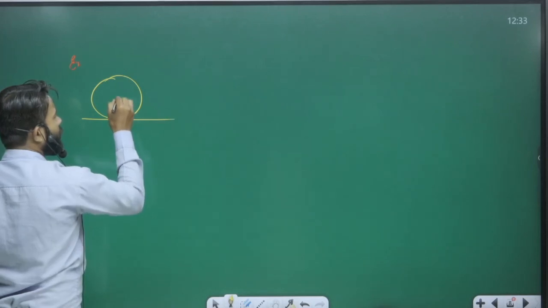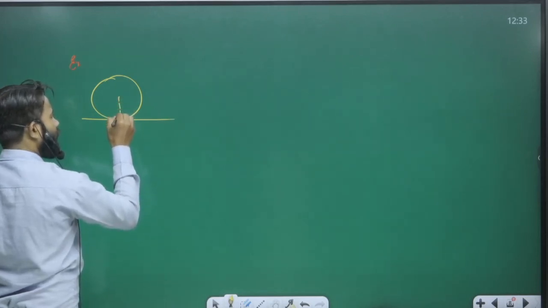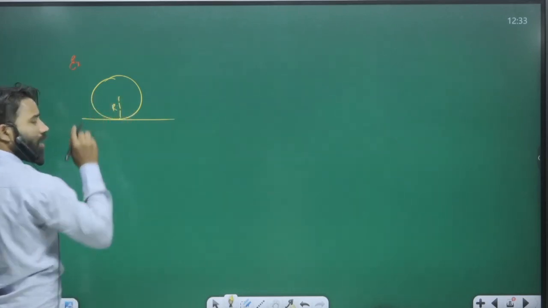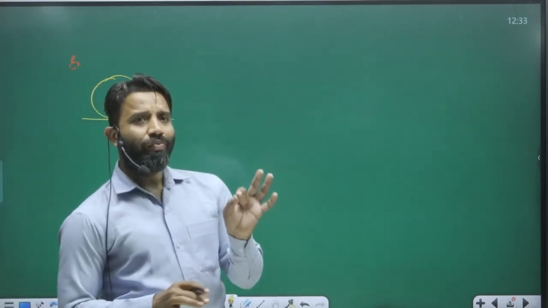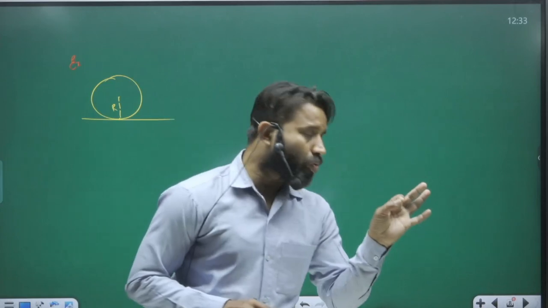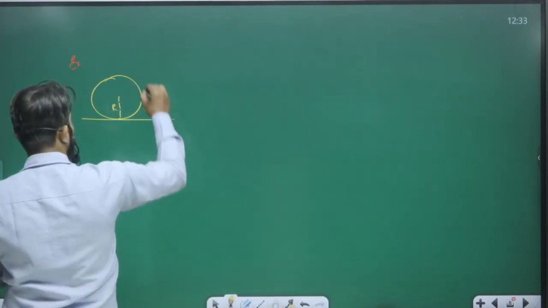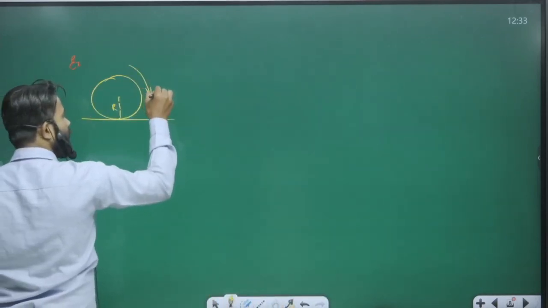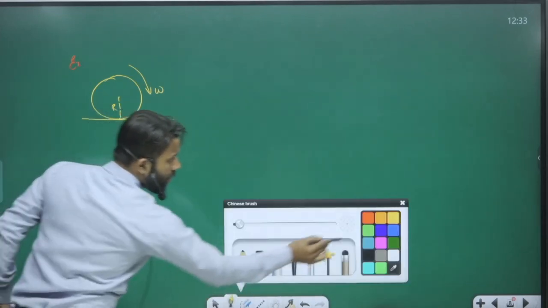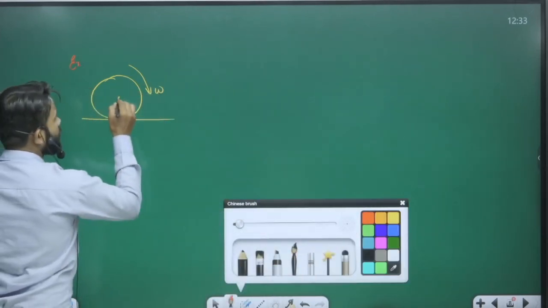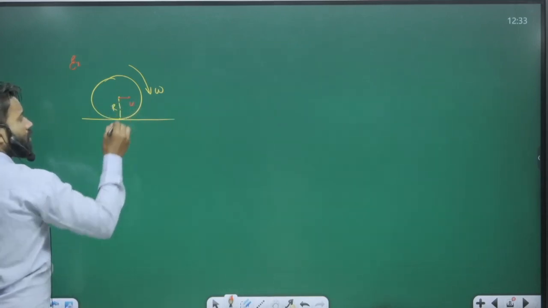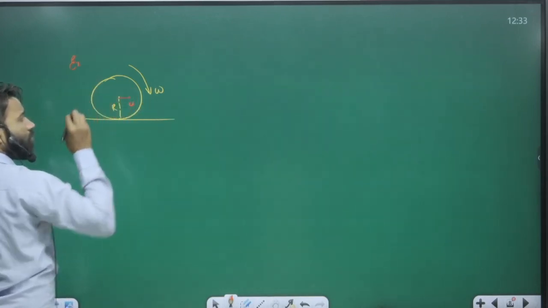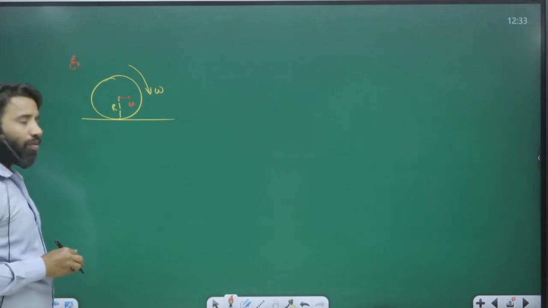We want to find out a general formula for any point when the body is in pure rolling. So this body is rotating with angular velocity omega, and it has some translational motion in the forward direction, with velocity u.